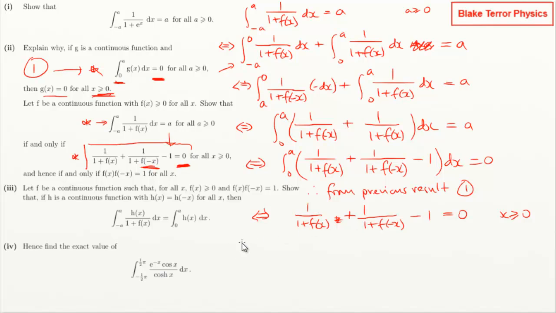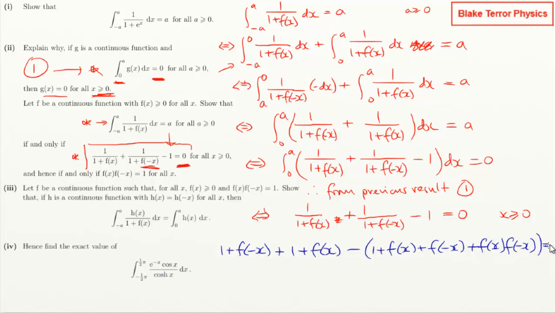So if I multiply by both denominators, then I should be all right here. I'm going to have 1 plus f of minus x plus 1 plus f of x minus these two multiplied together. So that is going to be 1 plus f of x plus f of minus x plus f of x, f of minus x.